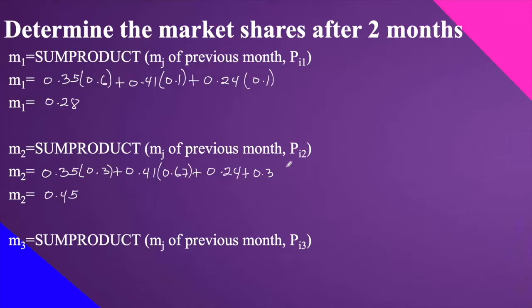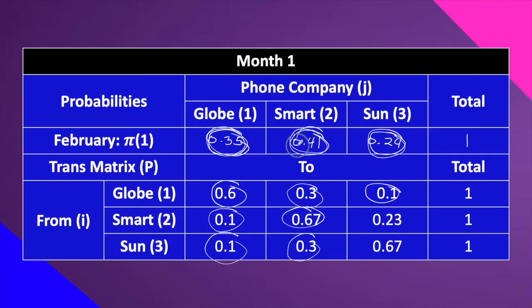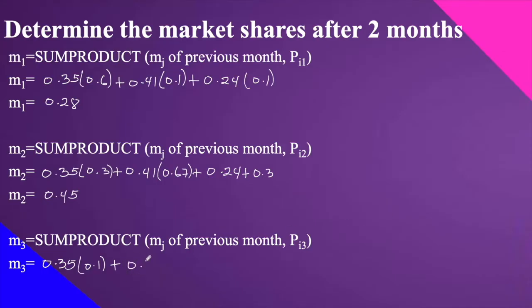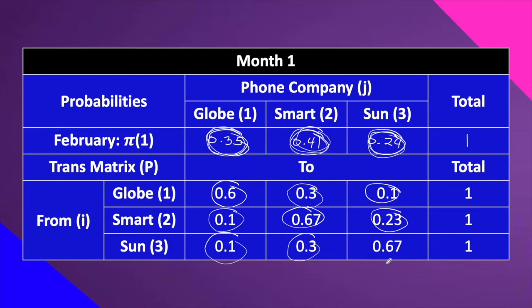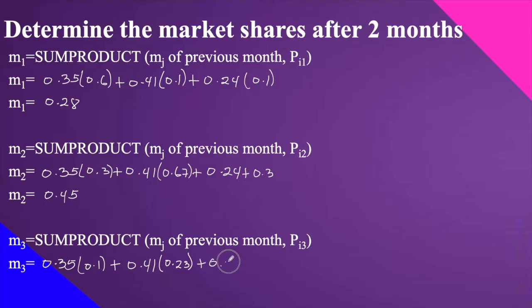So, let's write it here. 0.35 times 0.1 plus 0.41 times 0.23 plus, next tayo, 0.24 times 0.67.